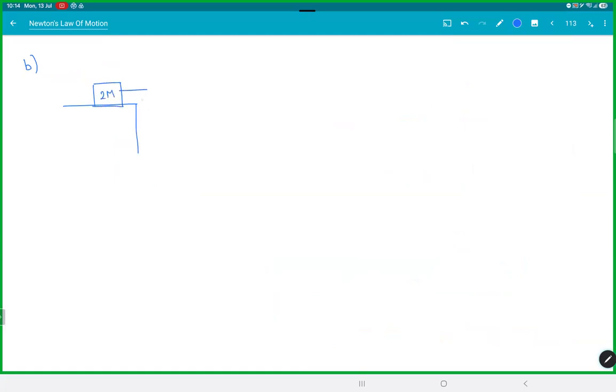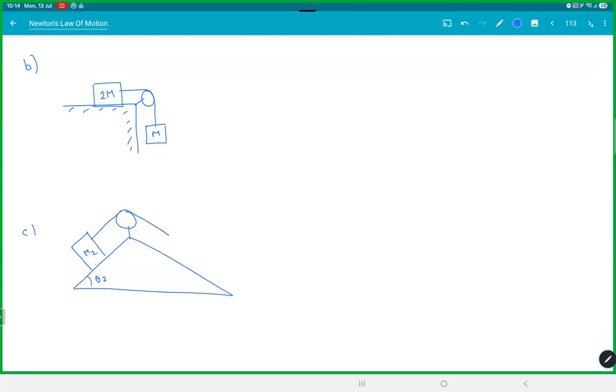So let's say this is 2M, this is a block. It need not always be an Atwood machine, it can be anything. And you will see this method really shines when you have a lot of blocks. All surfaces are smooth.